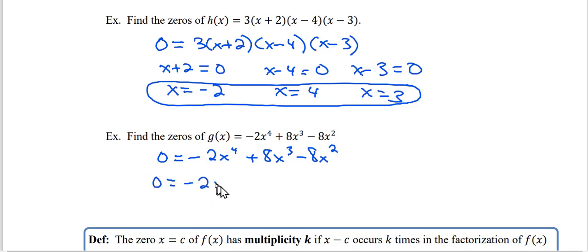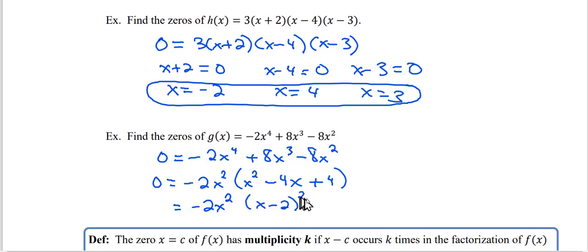I think the easiest way to do this would be to factor out the GCF, which would be -2x². x² - 4x + 4. And that gives us -2x² times (x - 2)². We want to know where that is equal to 0. That happens when the factors equal 0.